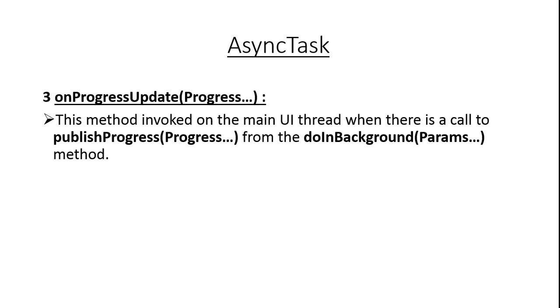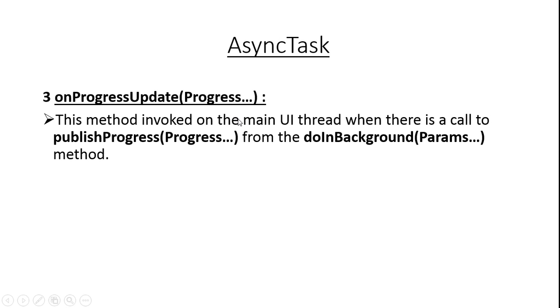And here is the third method within AsyncTask, called onProgressUpdate. This method is invoked on the main thread when there is a call to publishProgress from the doInBackground method. So whenever you call the publishProgress method from the doInBackground method, the Android system will call the onProgressUpdate method.